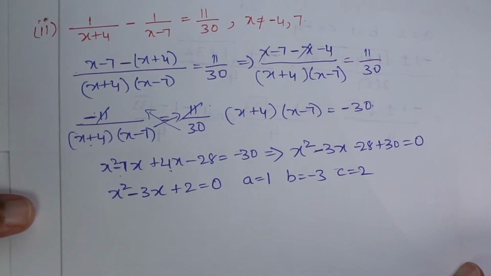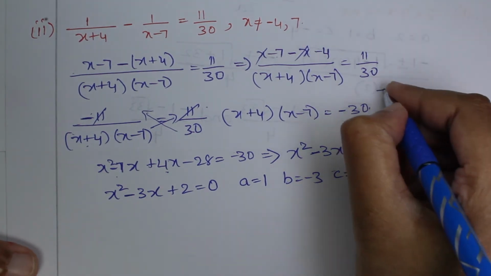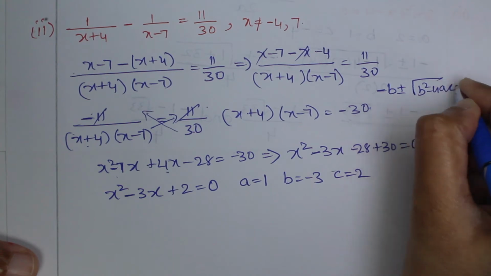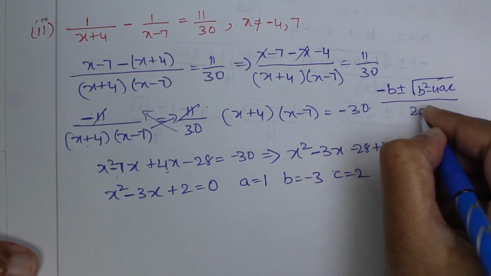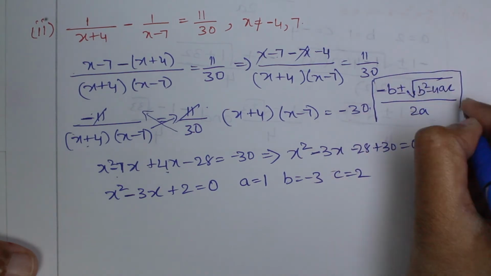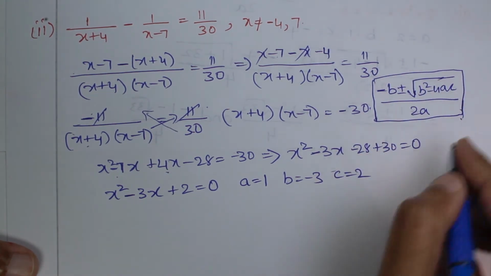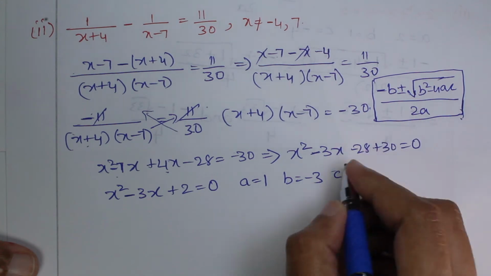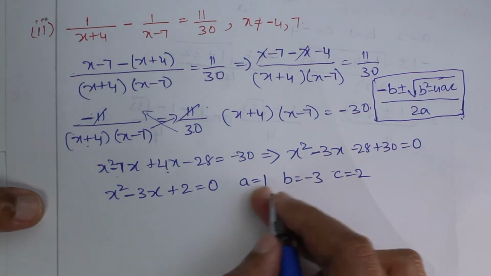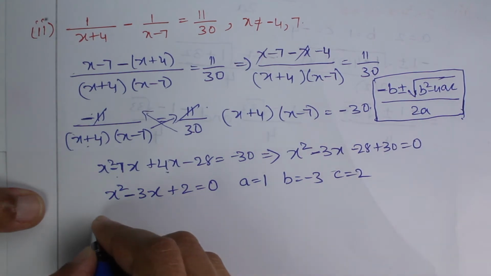Now we know the formula for the roots, right? The formula for the roots is minus b plus or minus square root of b square minus 4ac by 2a. This is the formula for the roots of the equation. So I'll substitute these values in this equation.